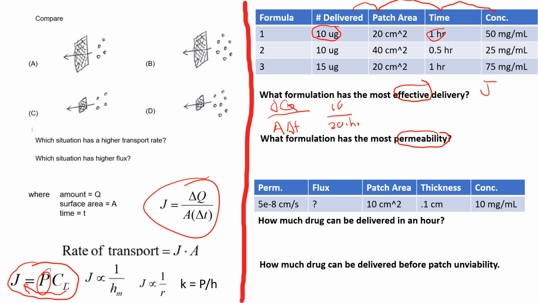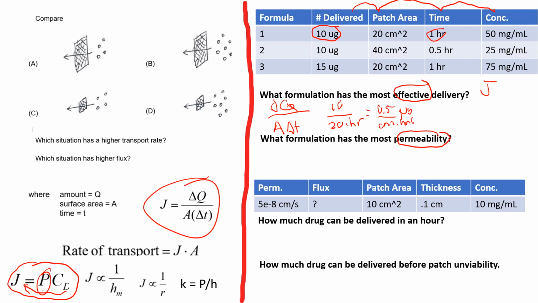So we get 0.5 micrograms per centimeters squared hours. Those units will be the same for all of these, so I'm not going to write that again. So this first one's 0.5.